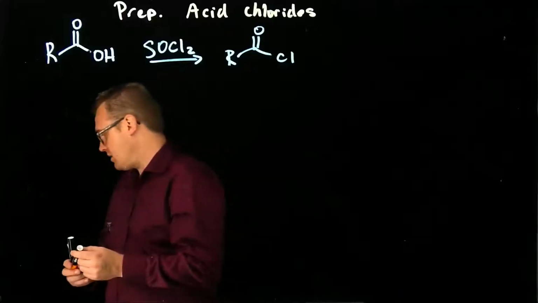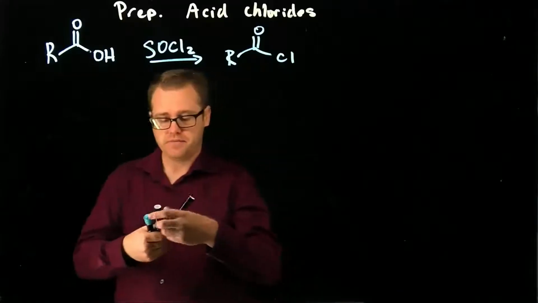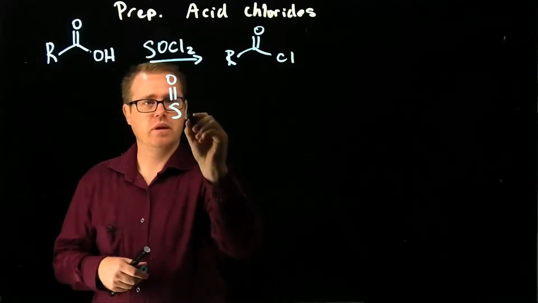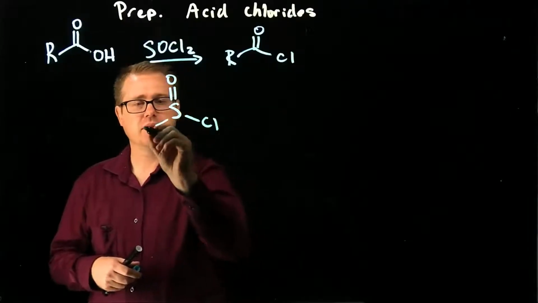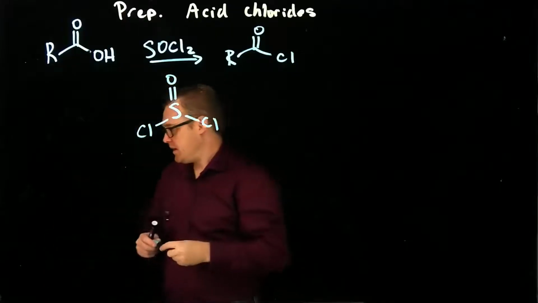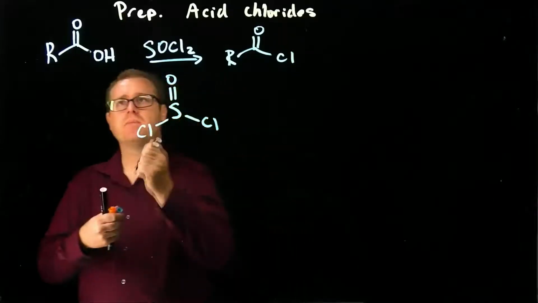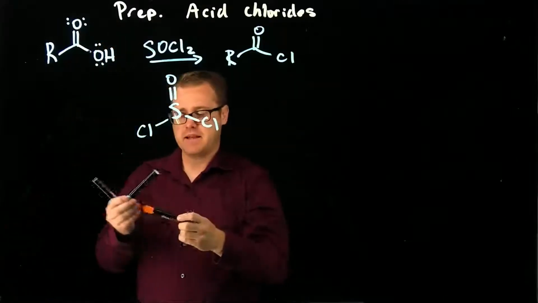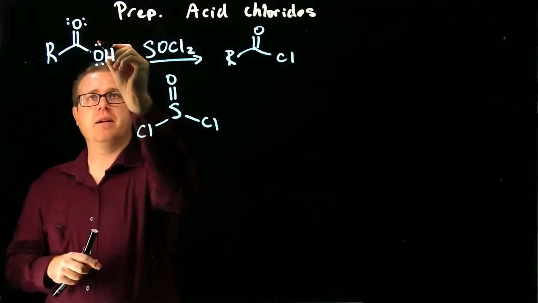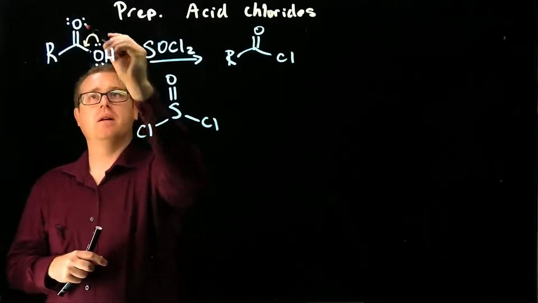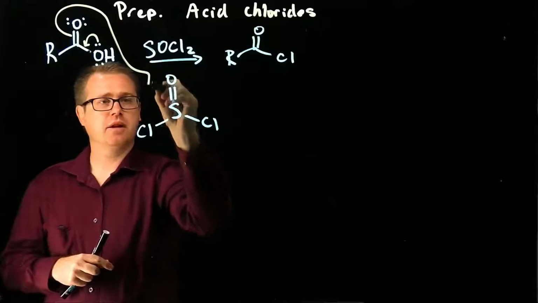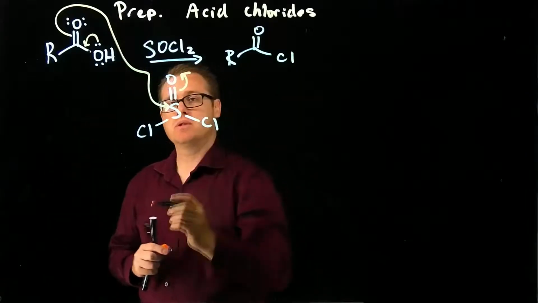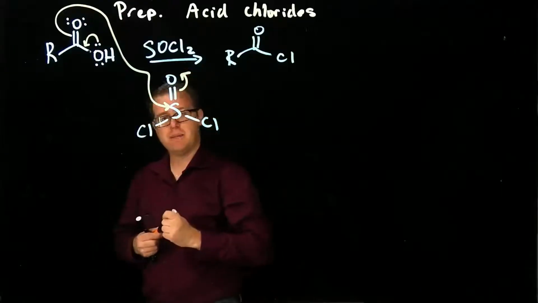So if we draw out our thionyl chloride, it looks like this. Okay? And what we're going to do is take this lone pair here, bring it in, and then these electrons are going to come and attack that sulfur and bring those electrons up like that.